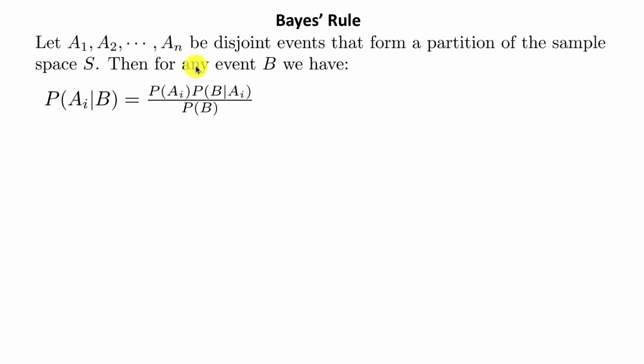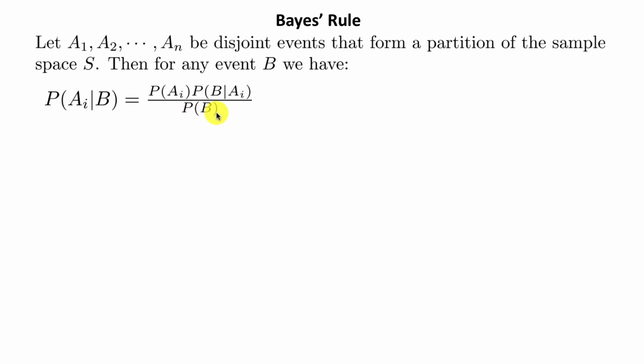Then, for any event B, we have that the probability of A, any one of these, A1 up till AN, given B, is equal to the probability of that A times this conditional probability divided by P of B.